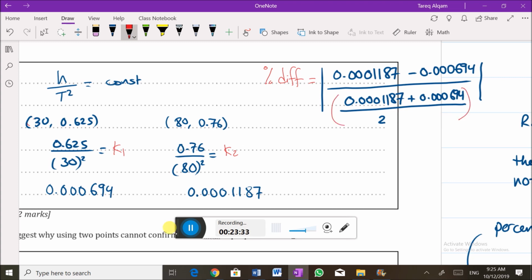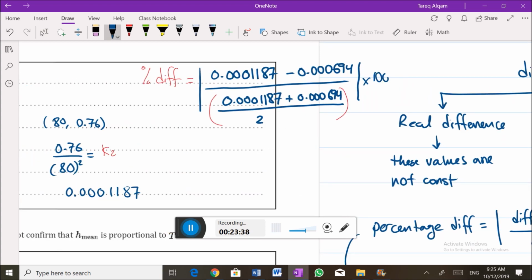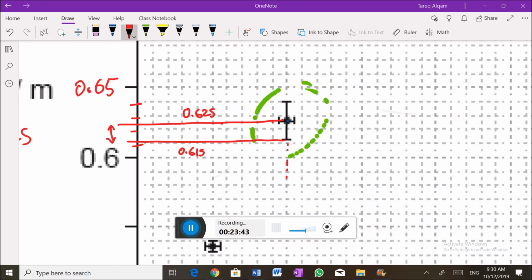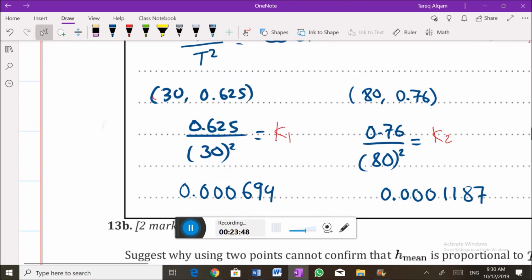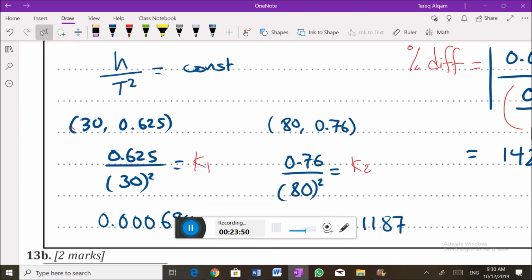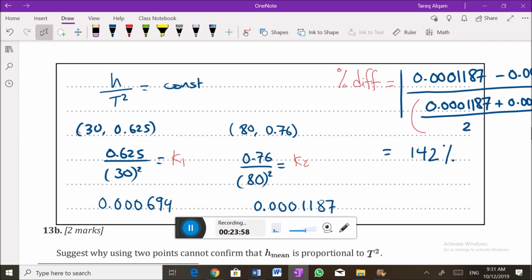This is the average, times 100%. Okay, guys, as you see, I selected two sets of points. I found from the graph K1 and K2, which must be a constant if the theory is valid.